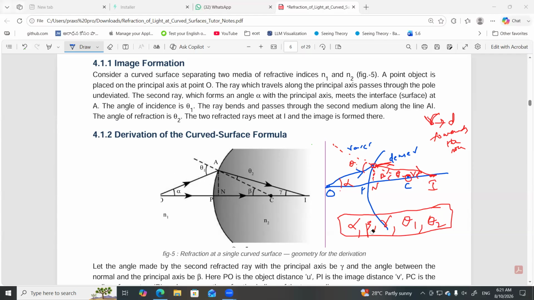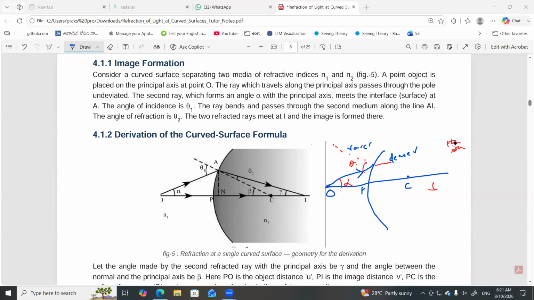Alpha, beta, gamma. Done, sir. I've highlighted it.